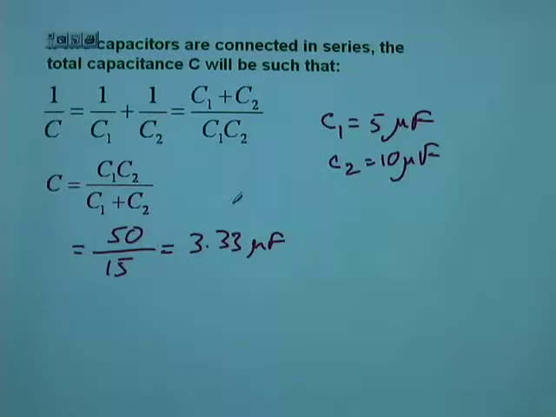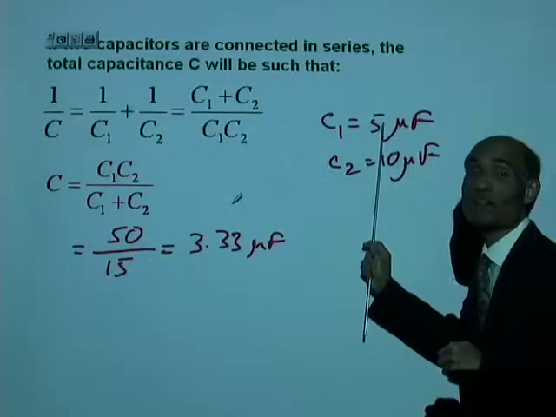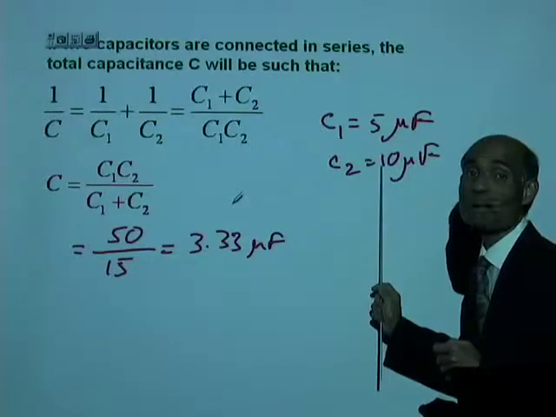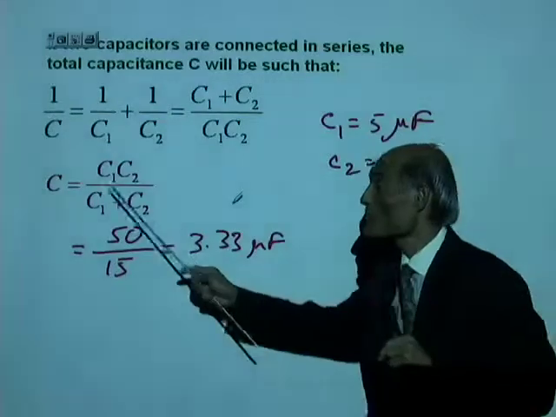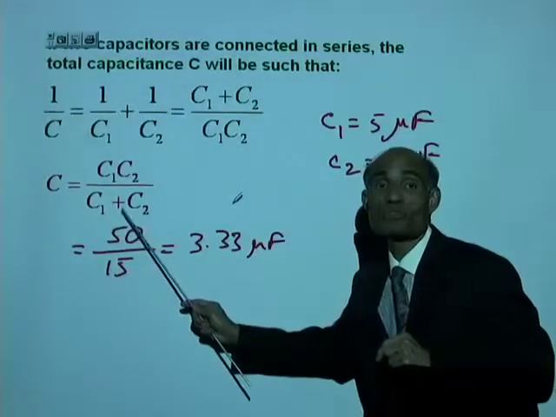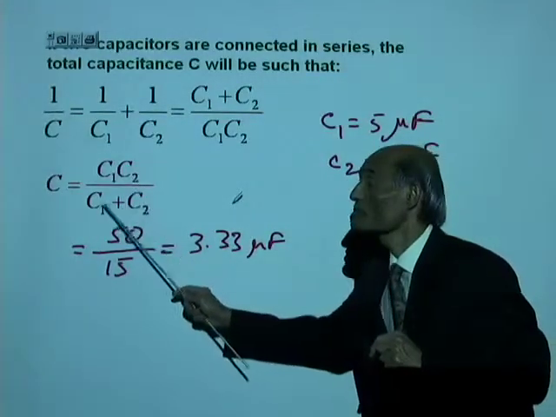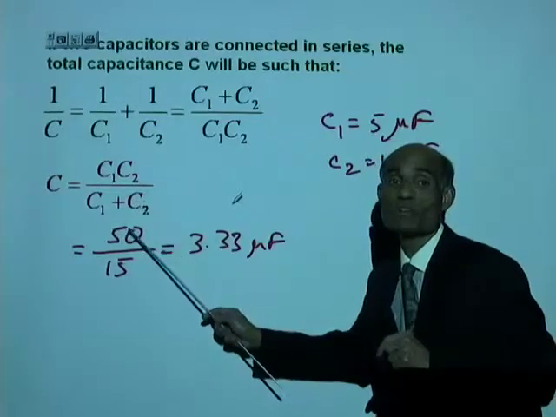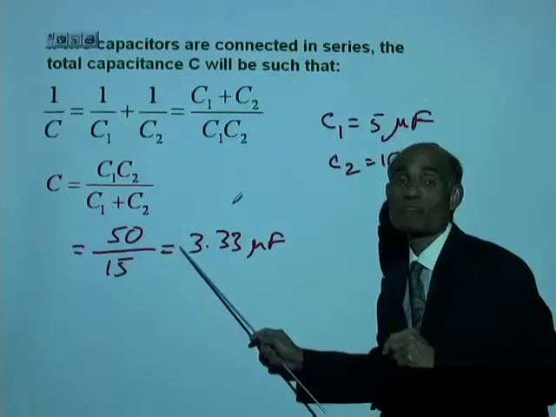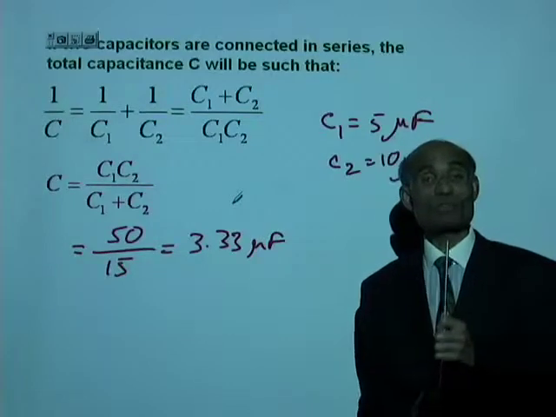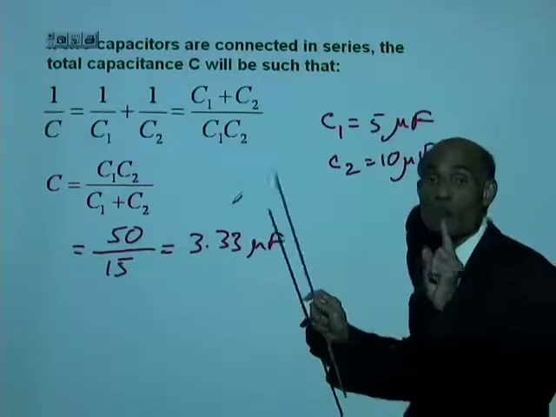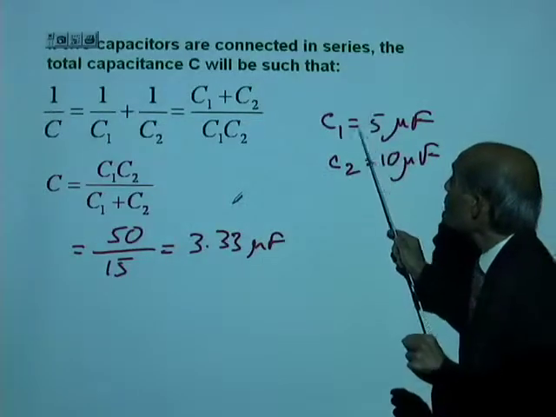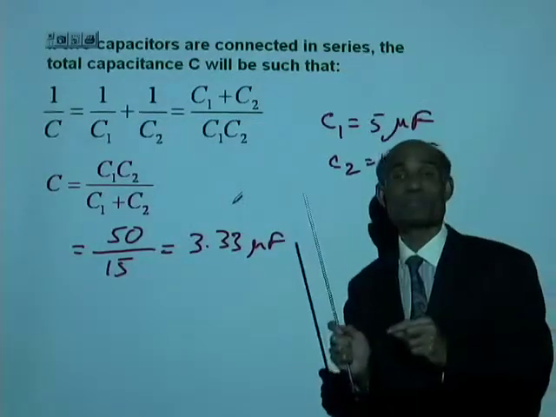So when a 5 microfarad capacitor and a 10 microfarad capacitor are connected in series, the total capacitance of the system is C1 C2 divided by C1 plus C2, 50 divided by 15, that is 3.33 microfarad. The total capacitance is smaller than the smallest of the capacitors used.